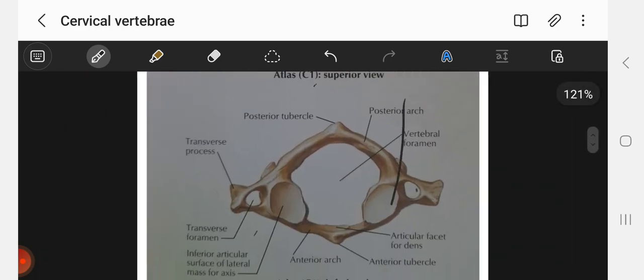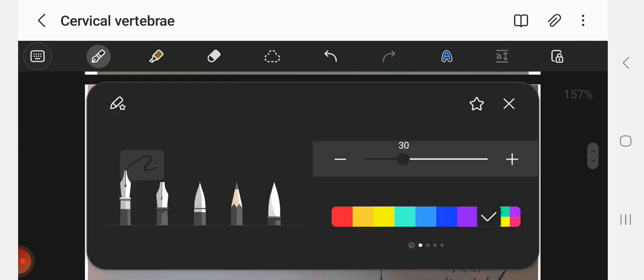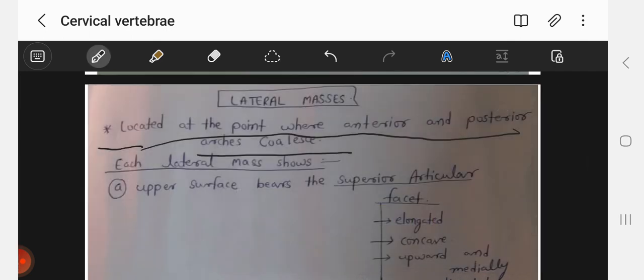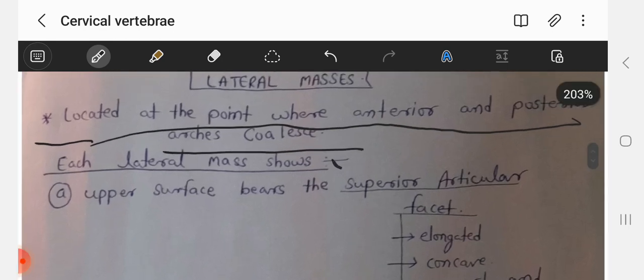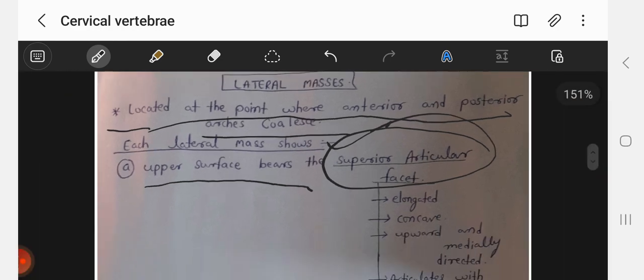Each lateral mass has on its upper surface a facet that is called the superior articular facet.